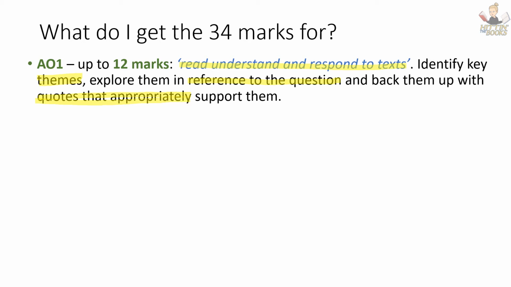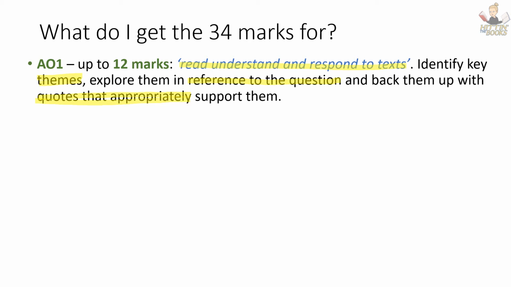Okay, so if you've just remembered 3 quotations, you're not necessarily going to get full marks for this assessment objective. But if you've got a selection of quotations that you can draw on to use depending on what the question is, and you know those quotations fairly well, and they're quite powerful quotations that you know you've got a really good word in there, that you can write about some symbolism.